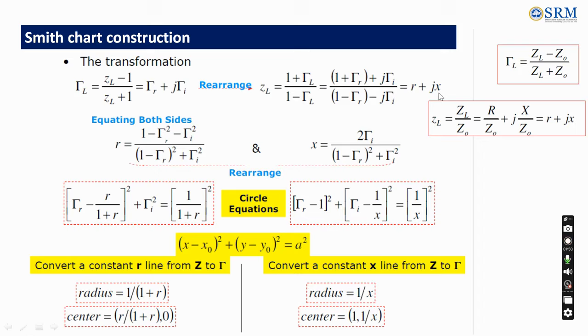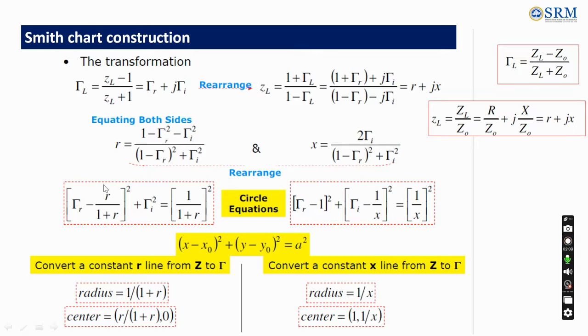R is the real part, X is the imaginary part. After some rearrangement, we get the circle equations in the form of X minus X naught the whole square plus Y minus Y naught the whole square equals A square, where X naught, Y naught are the center of the circle, and A is the radius of the circle.